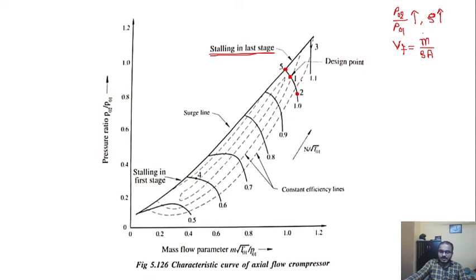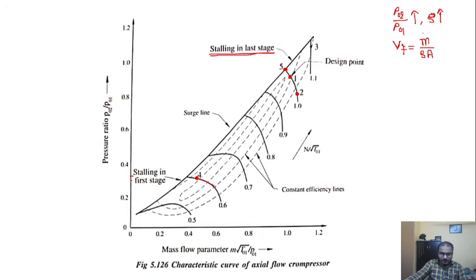Now you can see that if we focus on point number 4, for a small pressure reduction, there will be a decrease in mass flow rate. A very sharp decrease in mass flow rate can be seen over here.